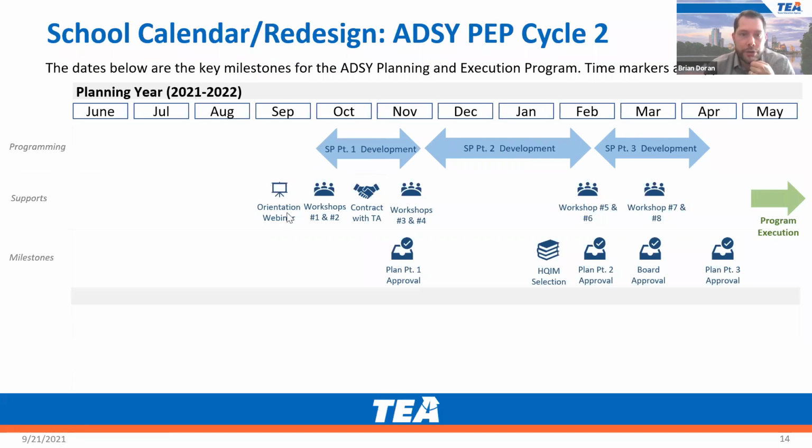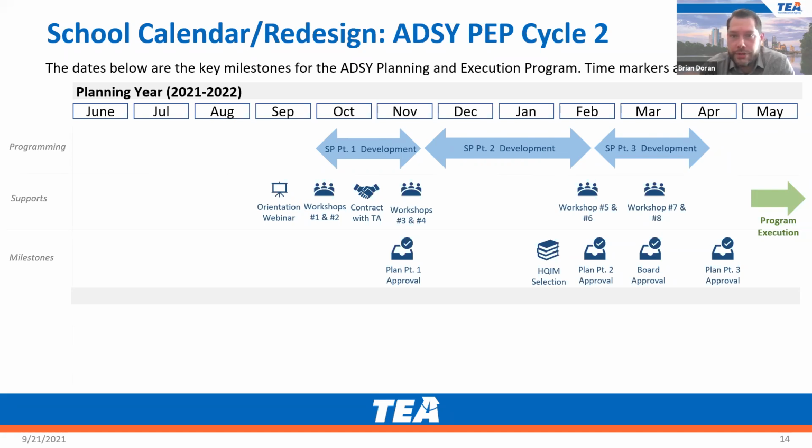So we are right here, the orientation webinar here in September, and we will be going through a process, including workshops with a learning community facilitator over the course of this fall in order to develop what we're calling strategic plan part 1. And you will also be contracting with a technical assistance provider to support you in this process as well over the course of this entire year.